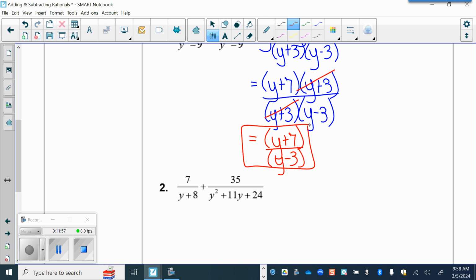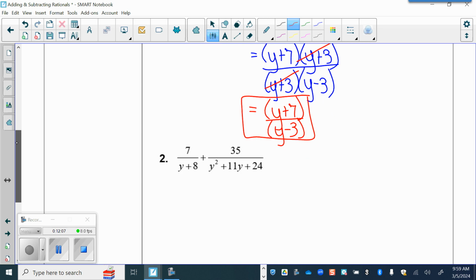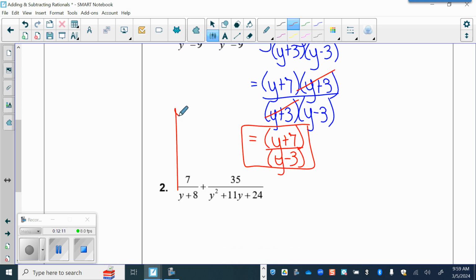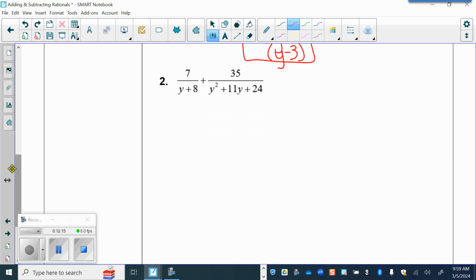That one was nice. I had a least common denominator and something eliminated and simplified at the end. The next one is not so nice. Okay, parentheses around y plus 8, so I don't forget that that is a couple. Let's see, y plus 8 and y plus 3.